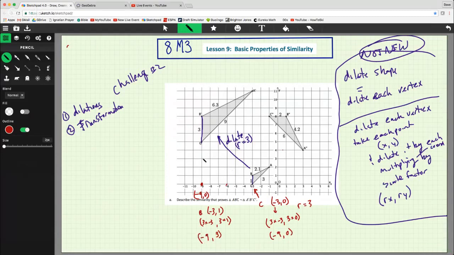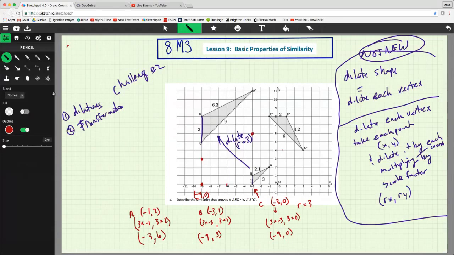Remember how this works? We're going to end up with a triangle where each side is 3 times bigger. So let's dilate our point A. Our point A is -1, comma, 2. So we take 3 times -1, 3 times 2, and we get -3, comma, 6.